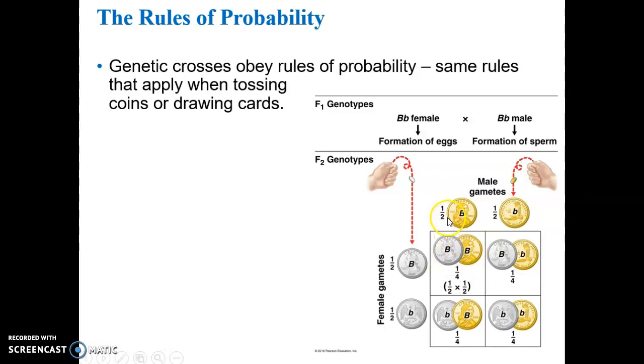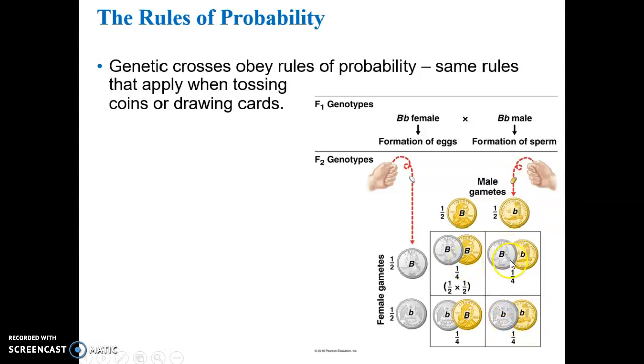Well, it's going to be 1/2 times 1/2, or 1/4, meaning a 25% chance. Heterozygote, 25% chance. Heterozygote, 25% chance. Homozygous recessive, 25% chance. If you just look at the Punnett square here, 1, 2, 3, 4 squares, there's a 25% chance this will happen, a 25% chance this will happen.